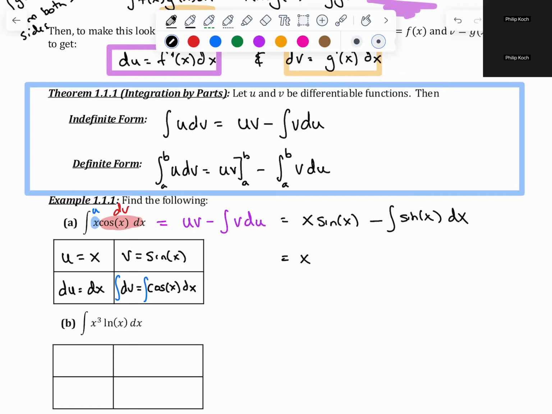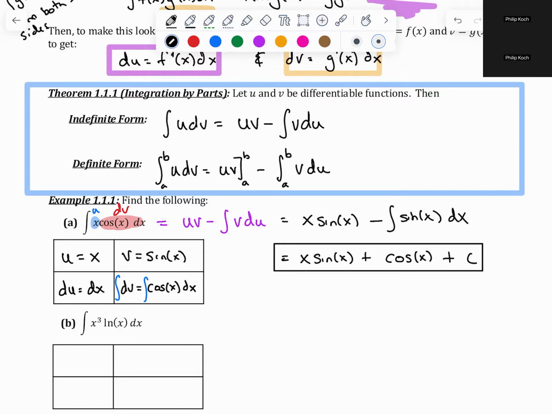So this equals x sine x plus cosine of x plus a constant c. And boom, we've got it. Ta-da. Pretty cool.